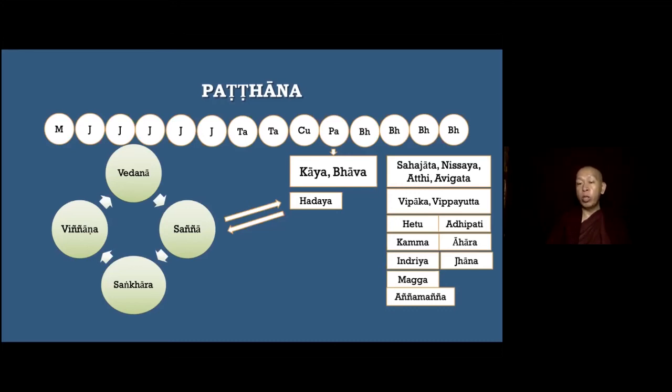For magga, you can also know the 4 paths plus wrong view. Among the unwholesome deeds also, there can be magga conditions because of wrong view. Okay, anyway, in brief, today we just talk about Patisandhi mind moments. So you have to understand all other remaining mind moments.